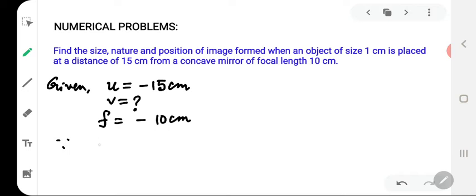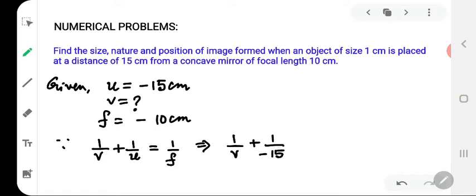Since 1 by v plus 1 by u is equal to 1 by f, this implies that 1 by v plus 1 by minus 15 is equal to 1 by minus of 10. So therefore we can write down 1 by v minus 1 by 15 to be equal to minus 1 by 10.